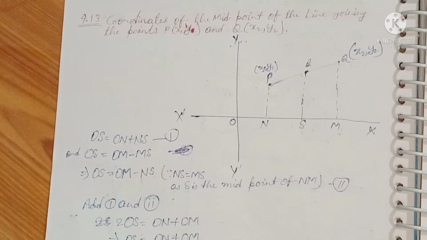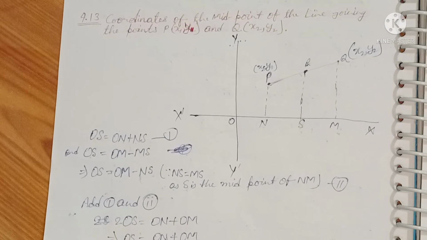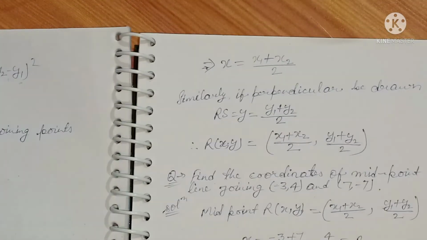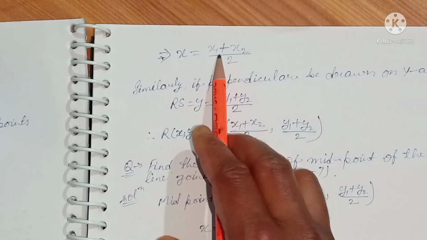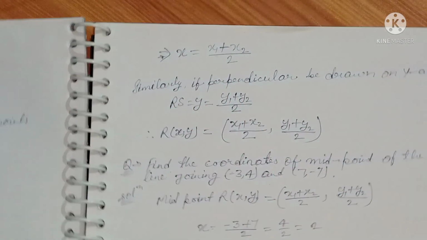Then simply bring the 2 to the right hand side, so it goes to the denominator, and OS will be equal to ON plus OM divided by 2. Now we can write X in place of OS, and ON is X1. How?